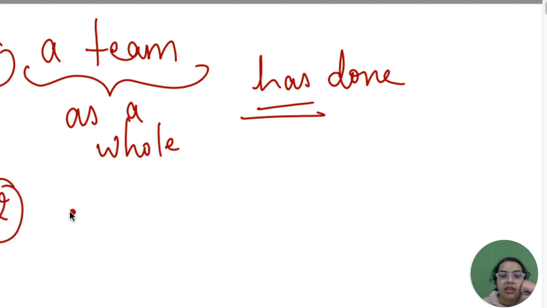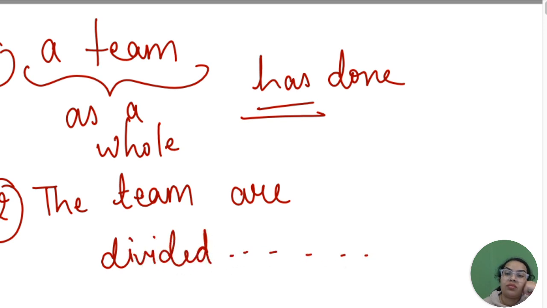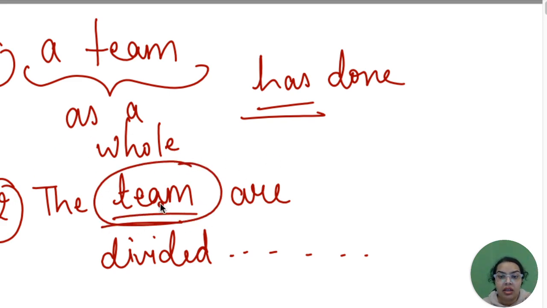Case number two is if I say the team are divided because of something in something. So the team, the word itself here is singular, but it is a collective noun.